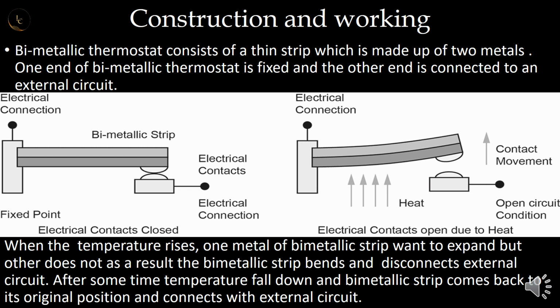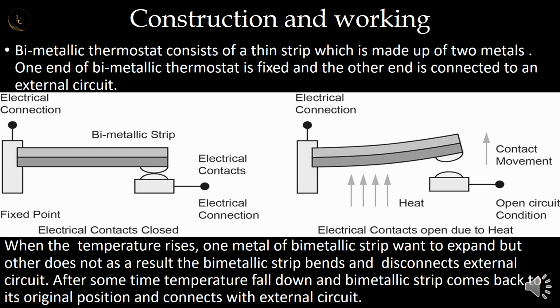So here we go, the construction and working of the bimetallic thermostat. Right now I would like to tell you that you should concentrate over here because it's the main topic and it's quite easy. That's not that typical, but you have to concentrate before reaching this point.